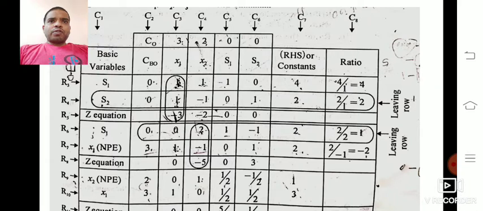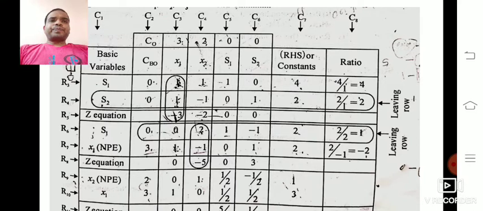And coming to the R4 row, s2 is 0, for x2 is minus 1, 0 into 1 plus 0 into minus 1, minus, see the x2 at the top side, R1 row 2 is there, minus 2, that will give the minus 2. Okay, similarly we can calculate for the z equation for C5 column and C6 column.